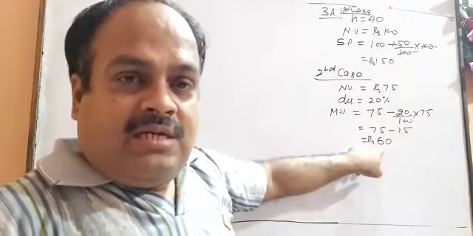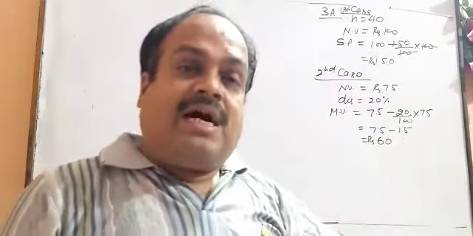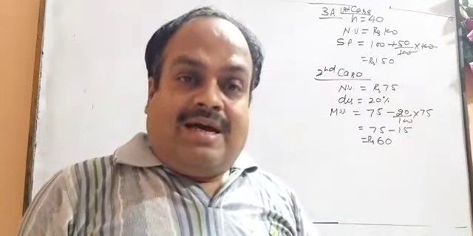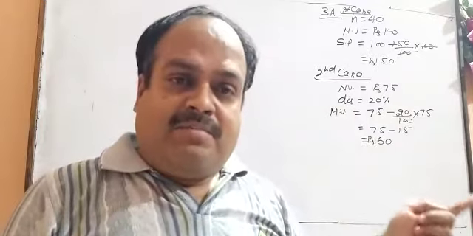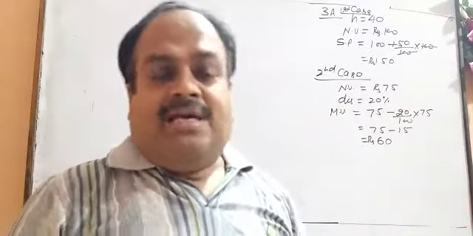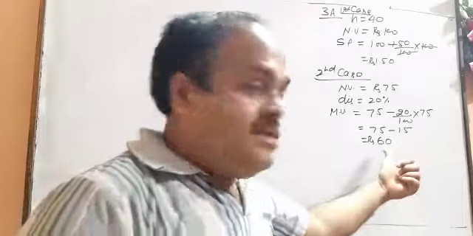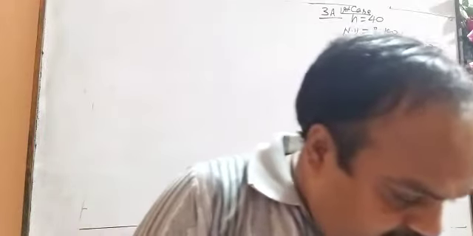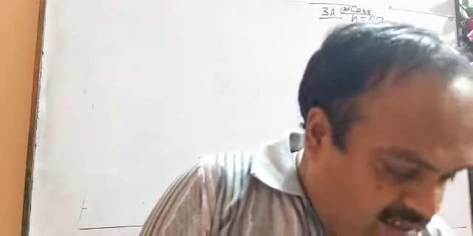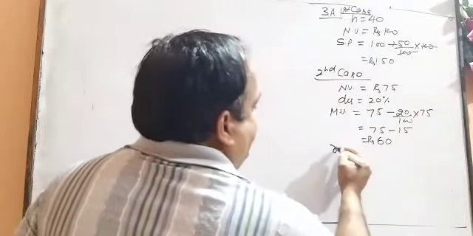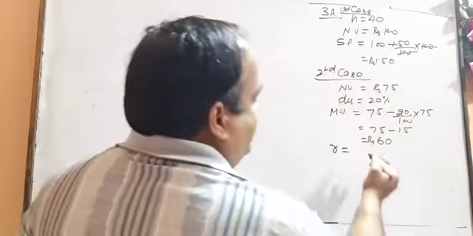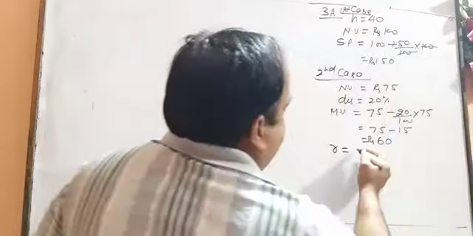It means she purchases the shares of another company at 60 rupees. The nominal value is 75, but she gets it after paying 60 rupees only. Next, the company is paying 25% dividend. The rate of dividend declared by the company is 25%.